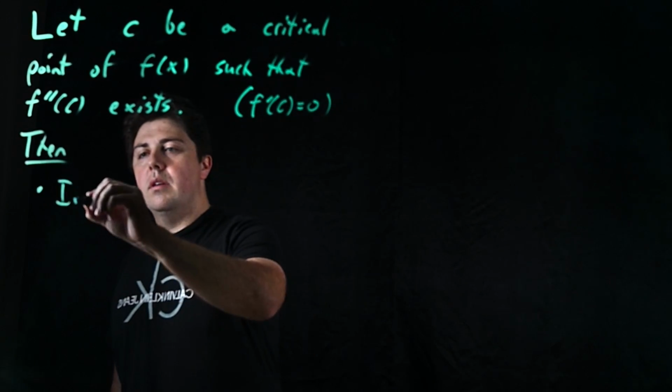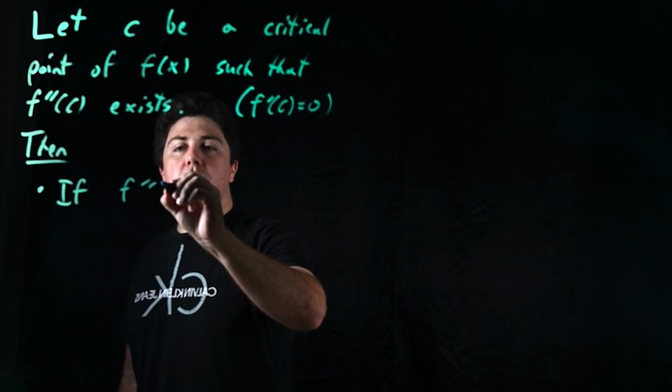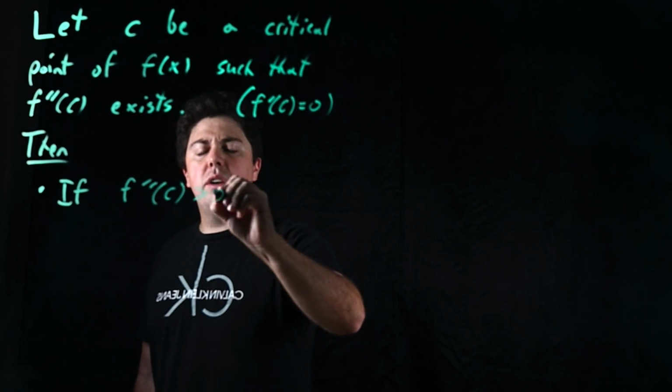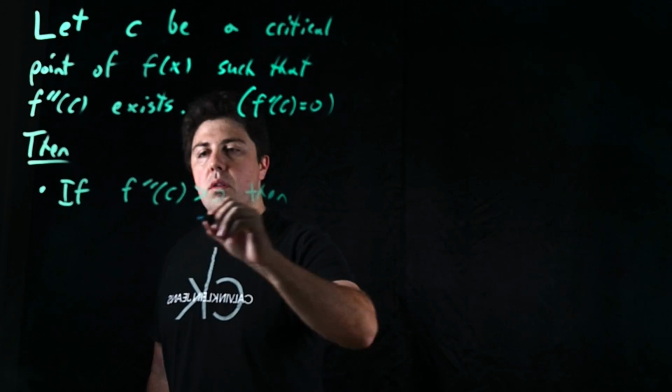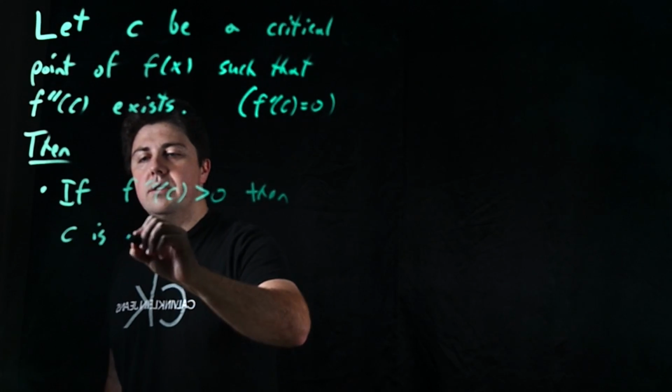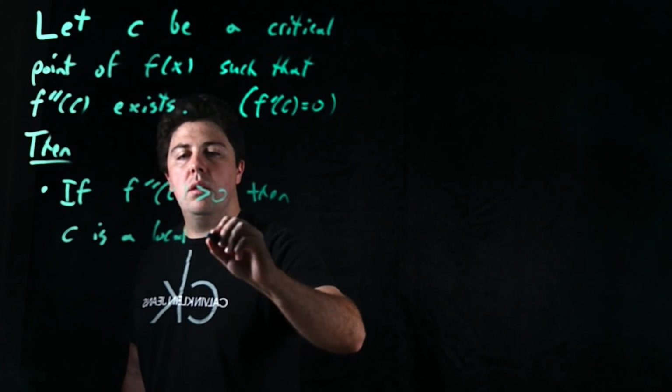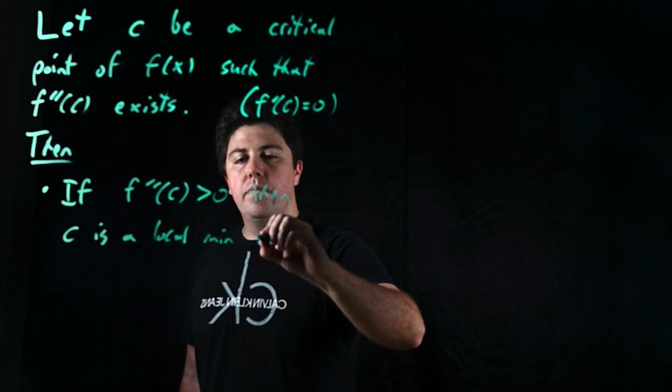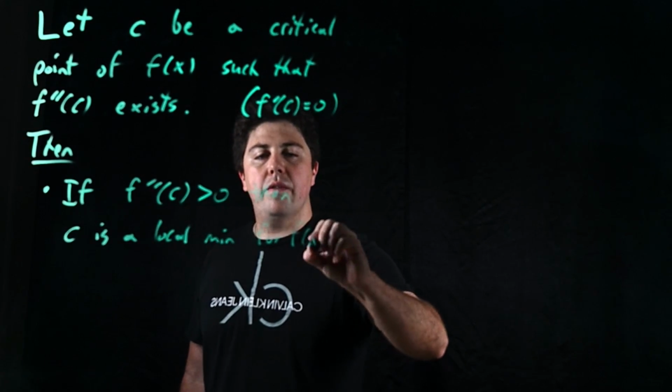If f prime prime of c is greater than 0, then c is a local minimum for f at x.